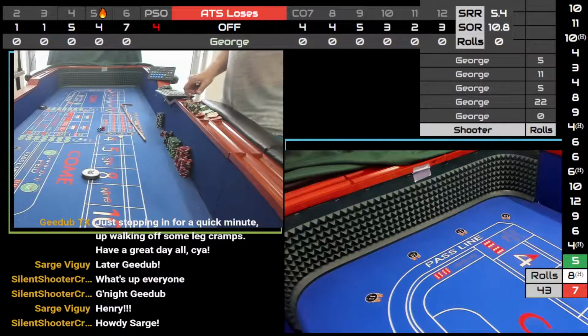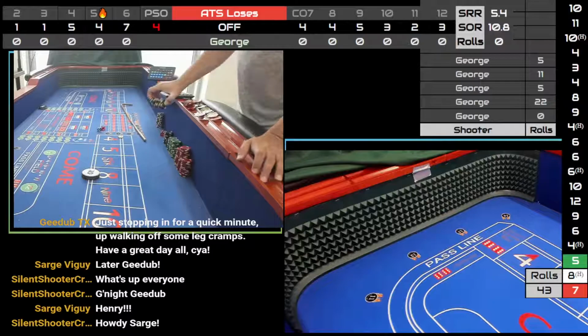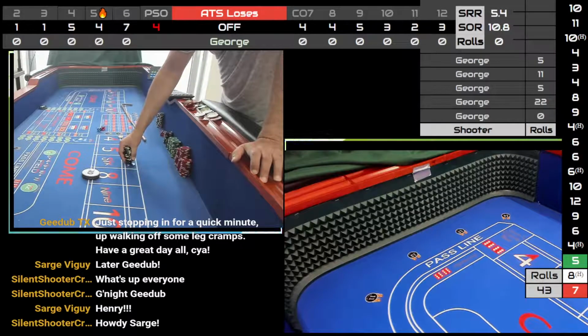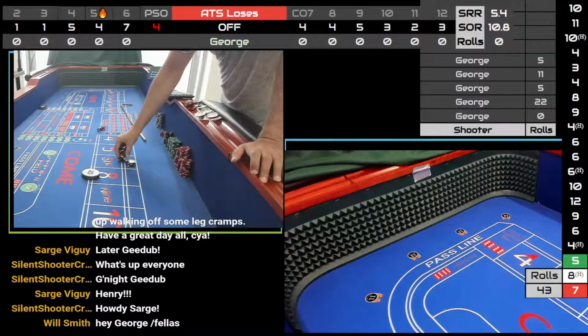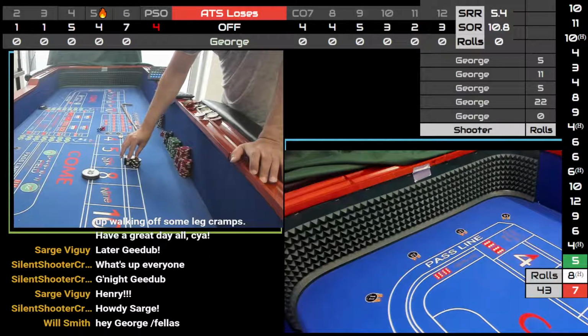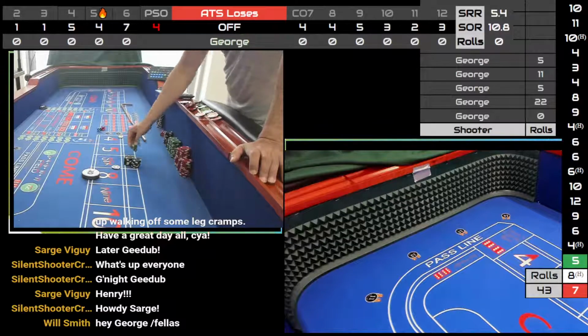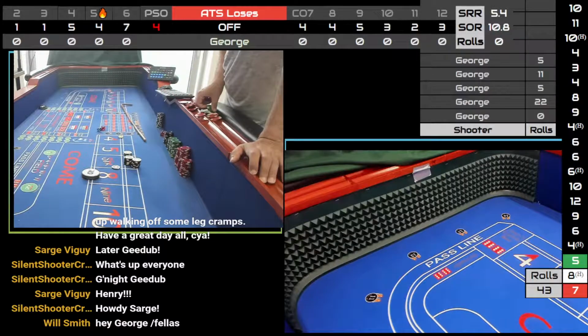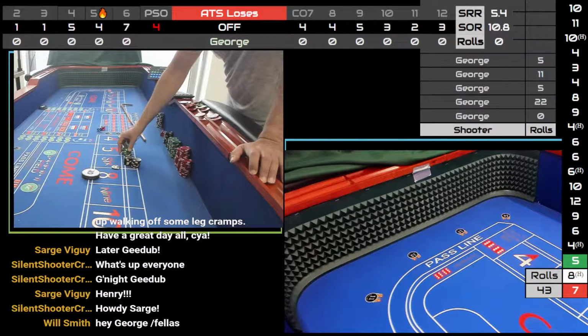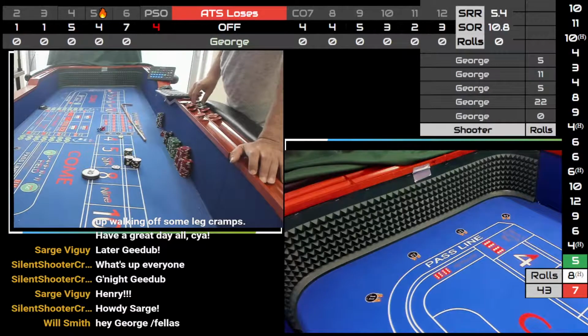All right, we're at 43 rolls. Let's see where we are. That's 1,000, 2,100. A bit messy here, sorry about that.